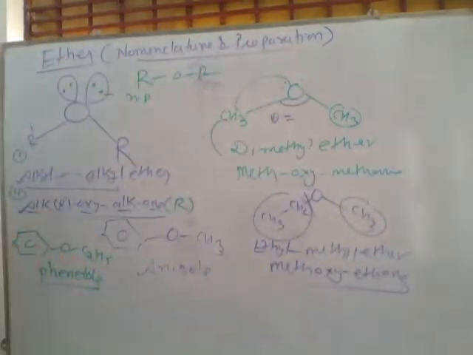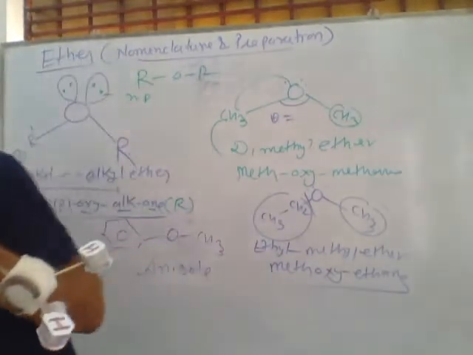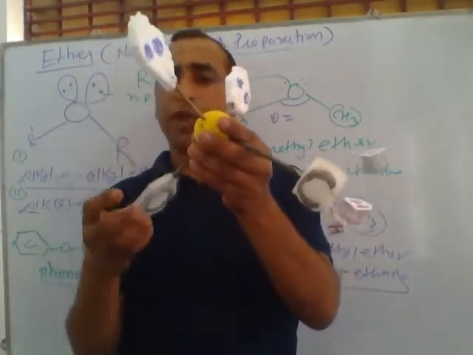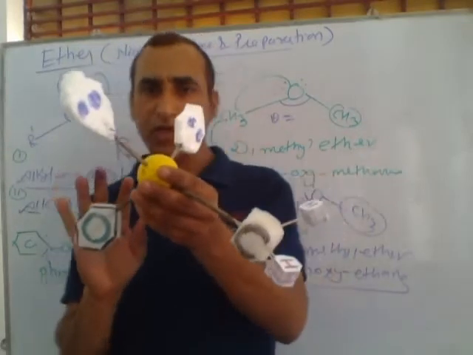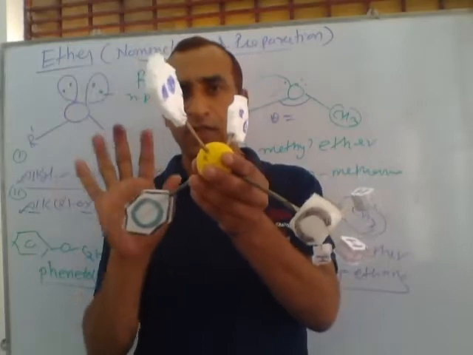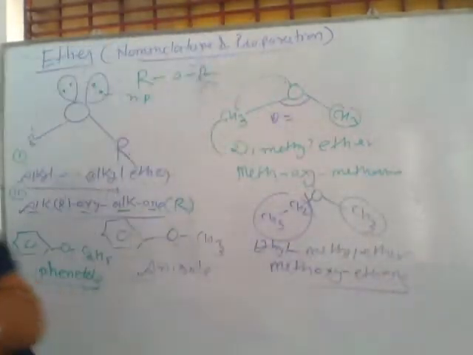Another, listen, simple. Suppose this CH3 I am removing, and instead of CH3 I am joining this ring. This is a benzene ring. So this compound is actually called methoxybenzene. Otherwise we can say this is phenyl methyl ether.